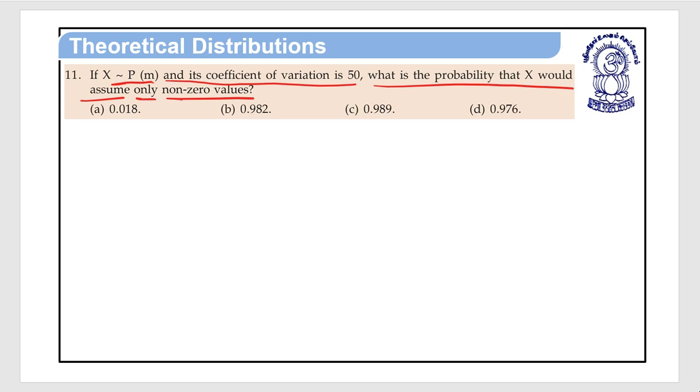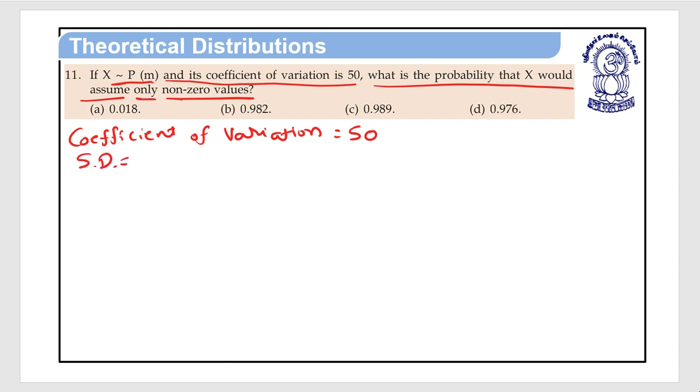Here the coefficient of variation is equal to 50.